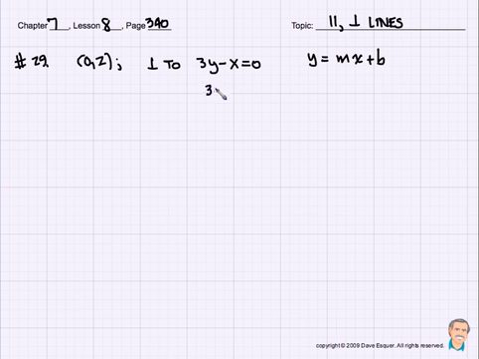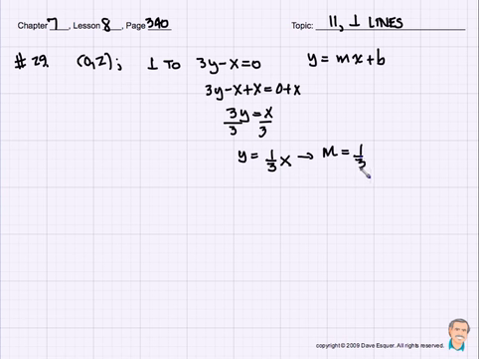Well, then let's see if we can do something with this one. 3y minus x plus x is equal to 0 plus x, or 3y is equal to x, or if we divide both sides by 3, y turns out to be 1/3 x. And this tells us that the slope has to be equal to 1/3. That's the slope of this line, 1/3.